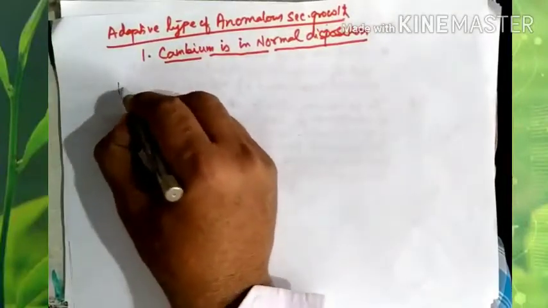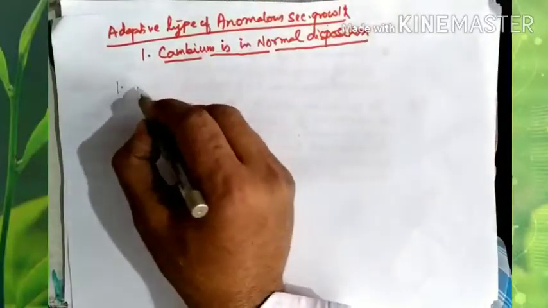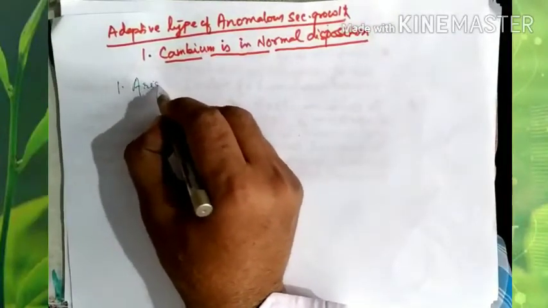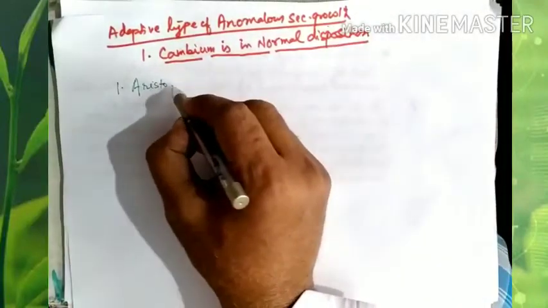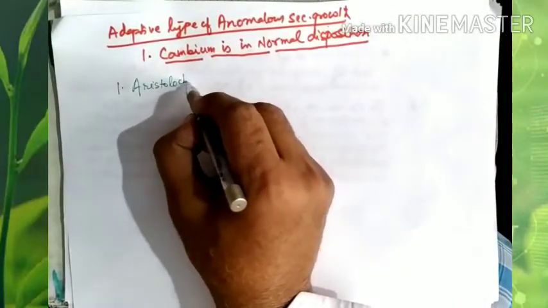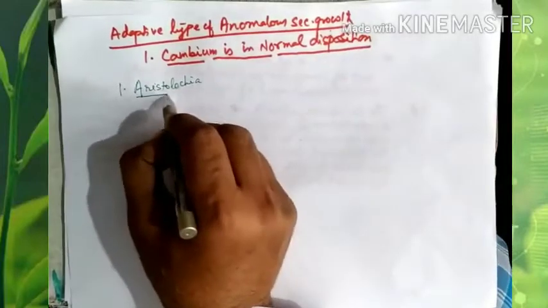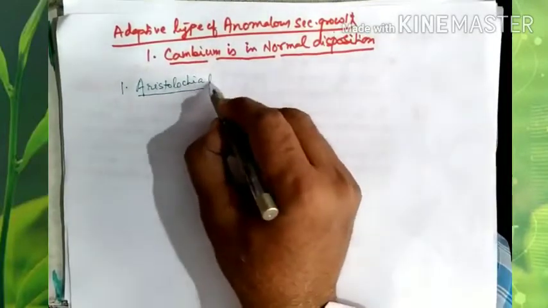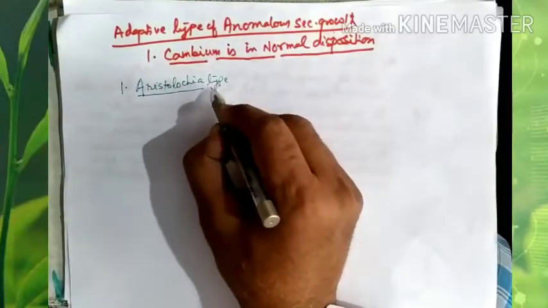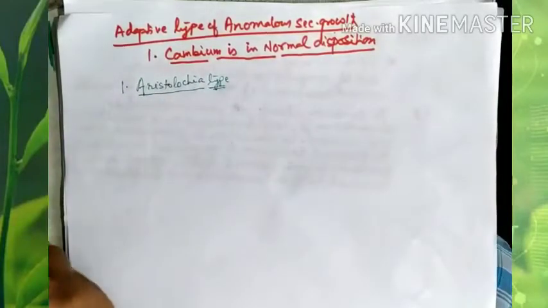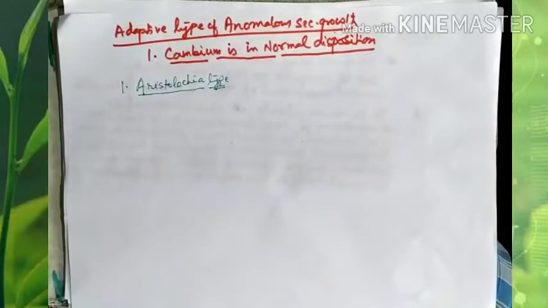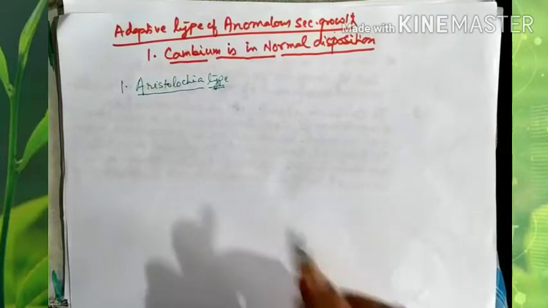The first is Aristolochia type. Here, in this type, the cambium ring is complete and the whole of cambium does not produce secondary growth.